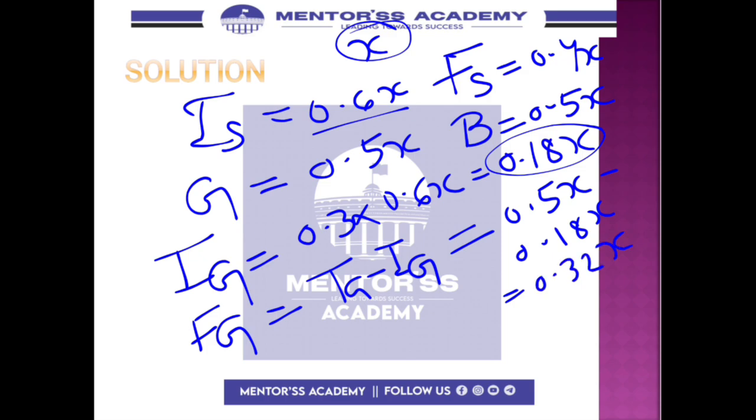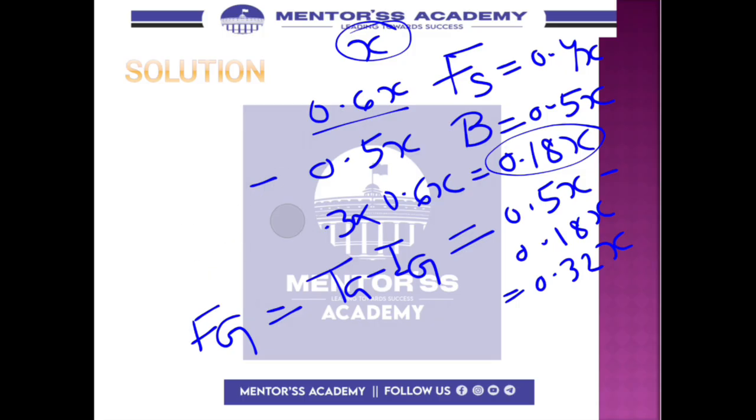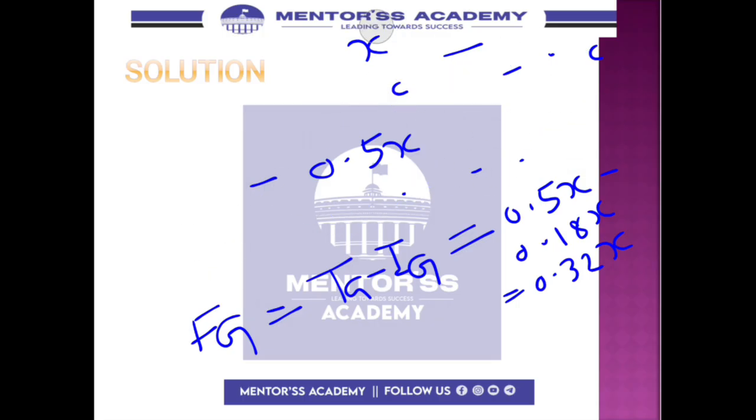Alright. So let me erase this to continue with the next steps. So just remember, total foreign girls are 0.32X.